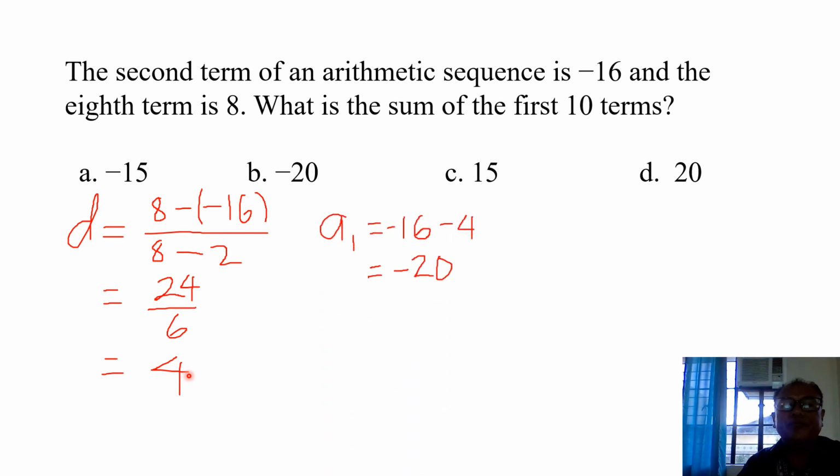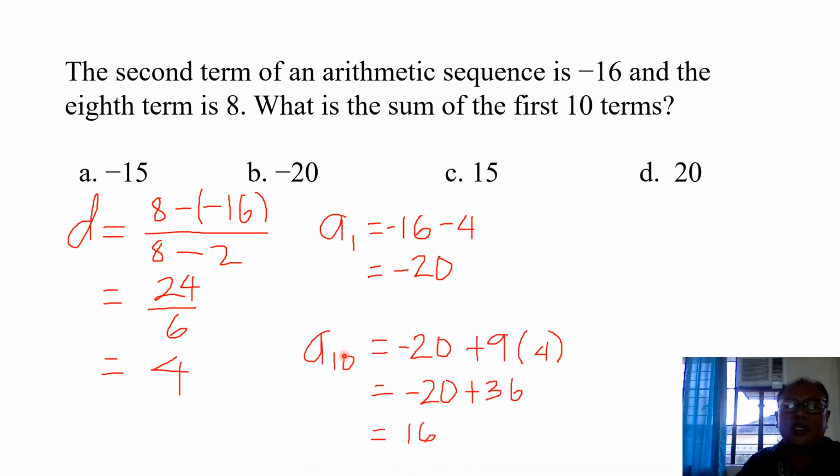And then we're going to solve for the first term. How do we solve for the first term? Of course, we are going to subtract the common difference from the second term. Our second term is negative 16 minus the common difference, which is 4. So therefore, the first term is negative 20. So we are now ready to get the sum of the first 10 terms.